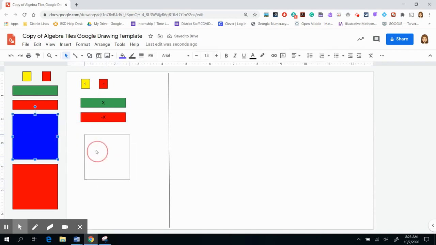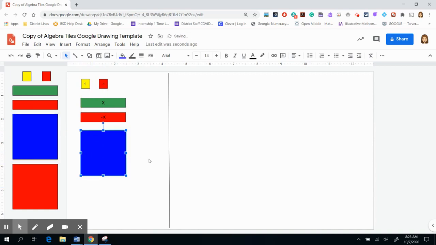Let's look at the blue square. I'm wondering if I can use these rectangles here to figure out the value of this blue square. And I think I can because I'm noticing they share a side length, it looks like. They have that in common. So I'm going to bring this green x down here.